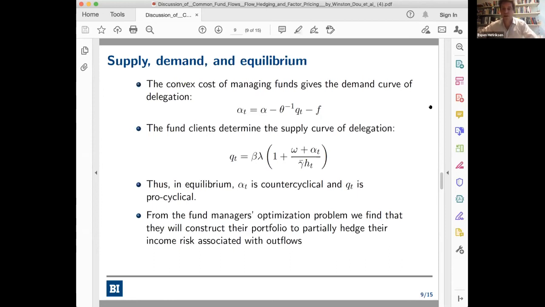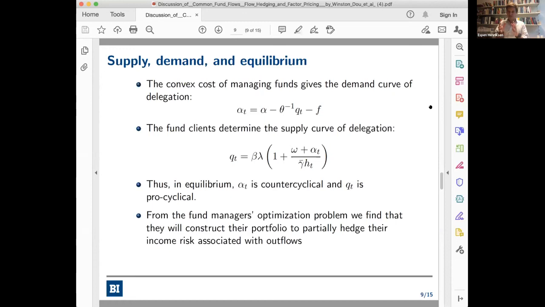And what they then will find is that the alpha the fund managers are generating, they will describe as counter-cyclical, whereas the flows will then be pro-cyclical.